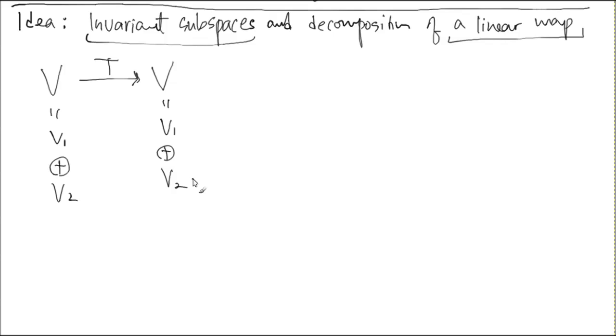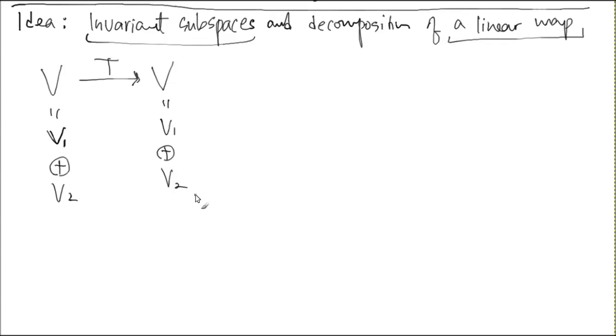And think about what this T is doing. Maybe T is sending elements in V1 to V2, right? Maybe sending an element of V1 to V1 plus V2. This is not a union, right? Remember, V1 direct sum V2 is not a union. Their sum is out there. V1 can go anywhere.